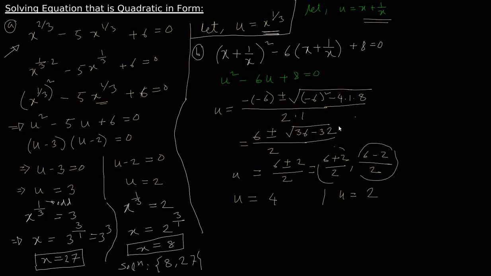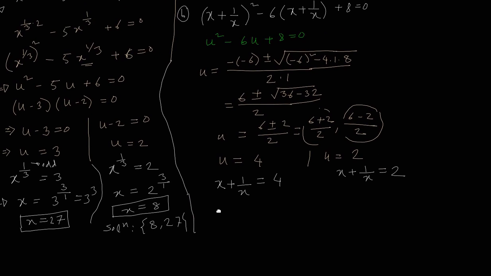My u is x plus 1 over x. So x plus 1 over x is equal to 4, and here x plus 1 over x equals 2. Okay, so these are my substituted equations.